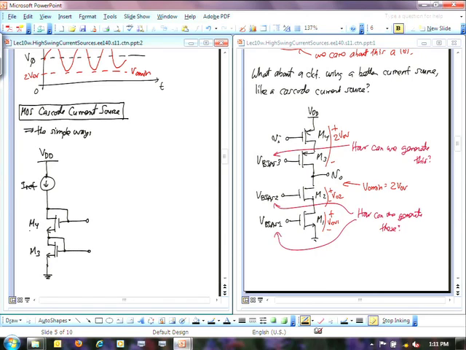and M4. Okay, and so this is generating for me the V bias 1 and the V bias 2 that then go out and feed that cascode circuit that we've been playing with back here, this M1 and M2.